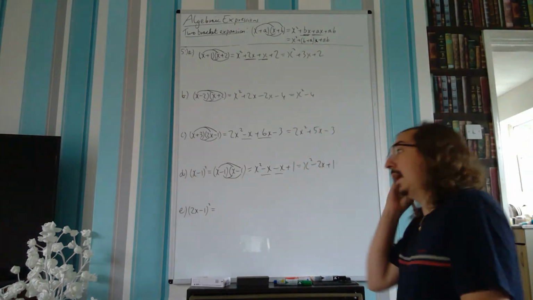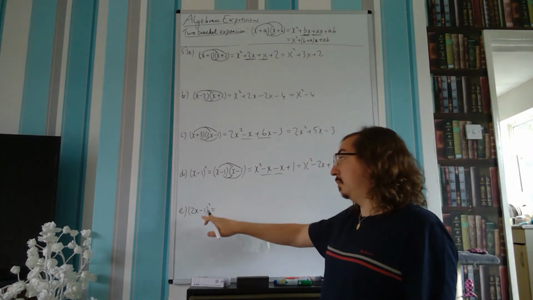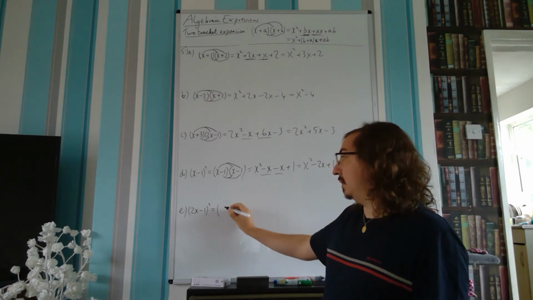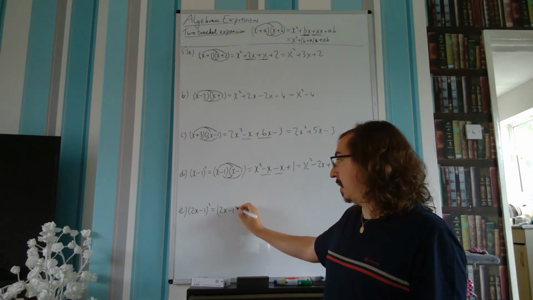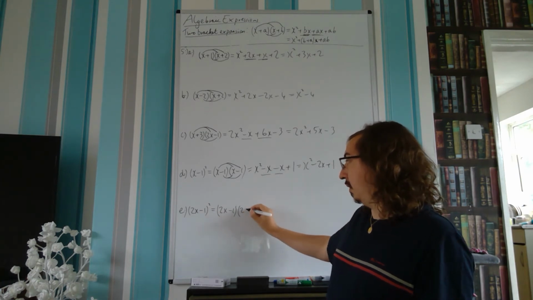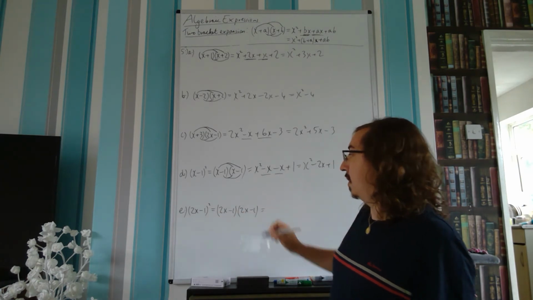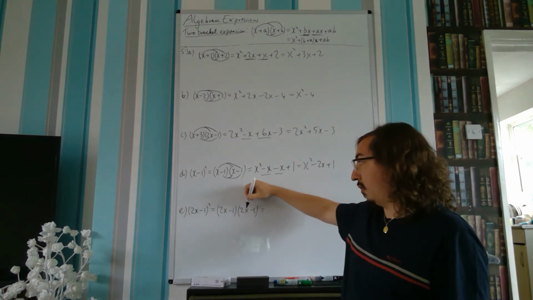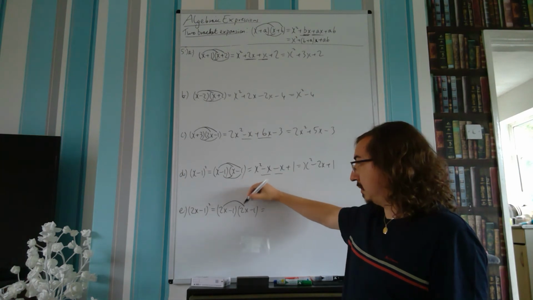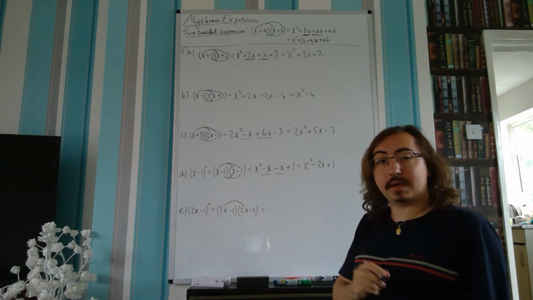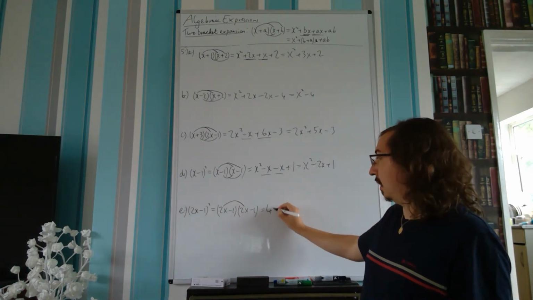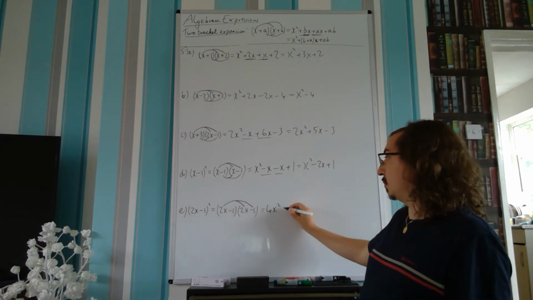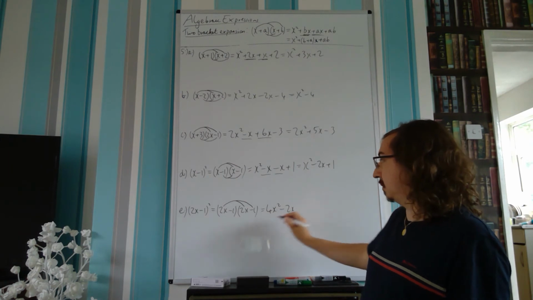Finally, same idea with e as with d. We've got 2x minus 1 all squared. So we can rewrite this as the bracket 2x minus 1 times itself. So 2x minus 1. And then we can apply the FOIL method. But this time we've got coefficients in front of both x terms to take care of. 2x times 2x gets us 4x squared. 2x times minus 1 is minus 2x.